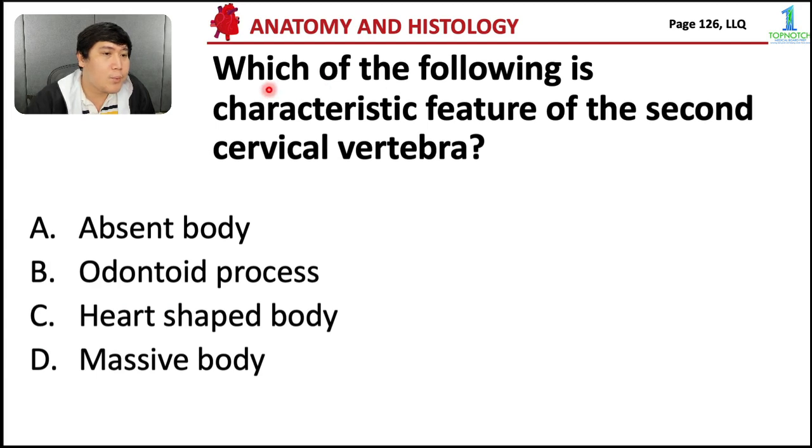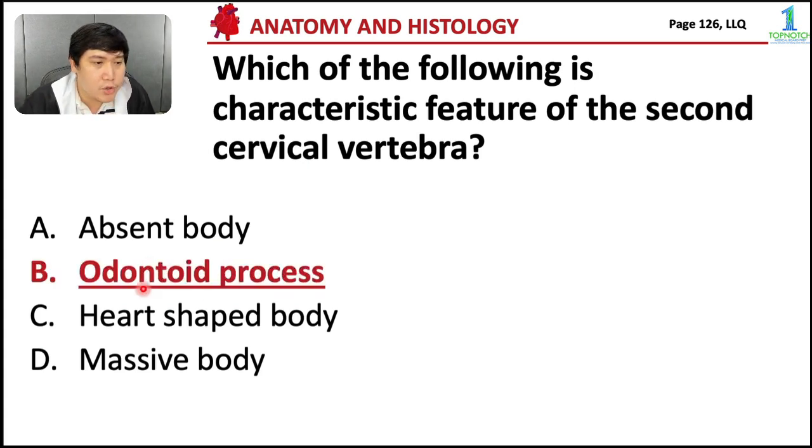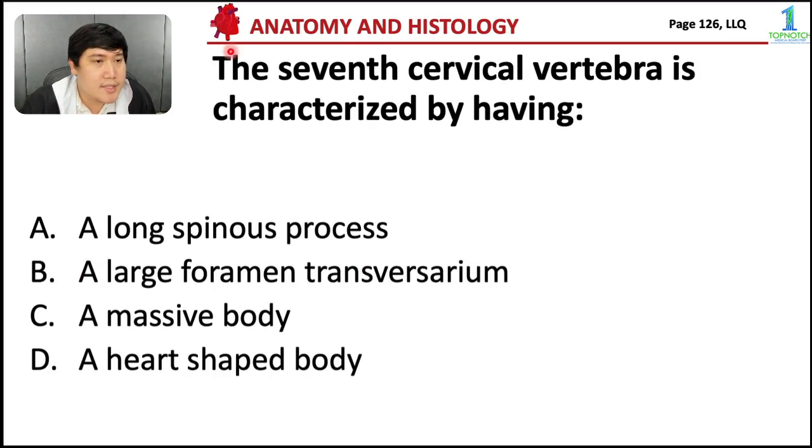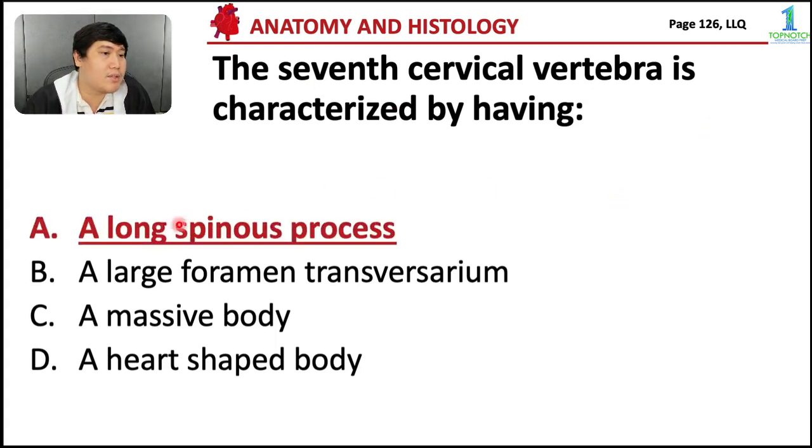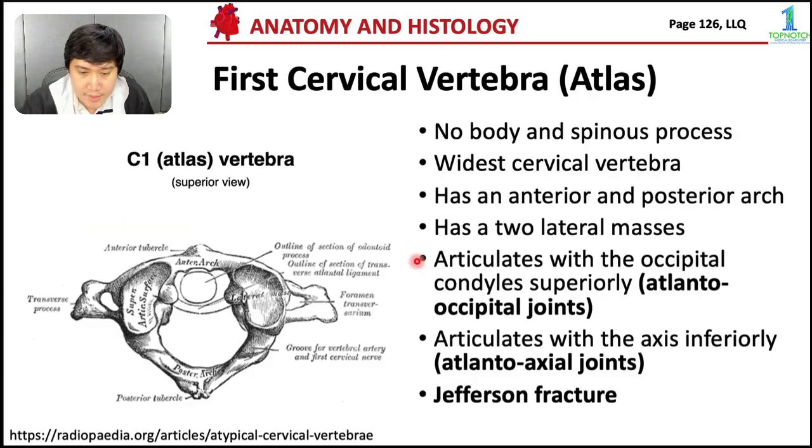And then, which of the following is a characteristic feature of the second cervical vertebra, C2, or your axis? It has an odontoid process or dens. C2 is atypical also. Next, C7: it's atypical because it has a long spinous process. So let's discuss each cervical vertebra.